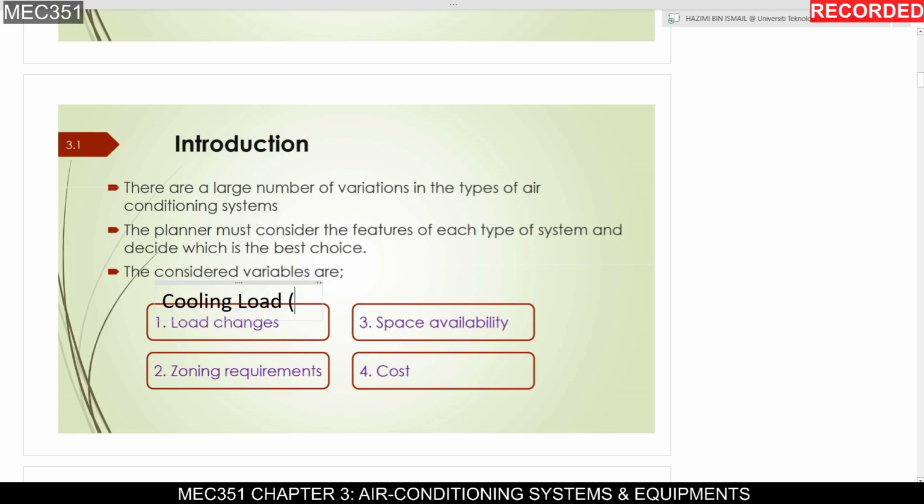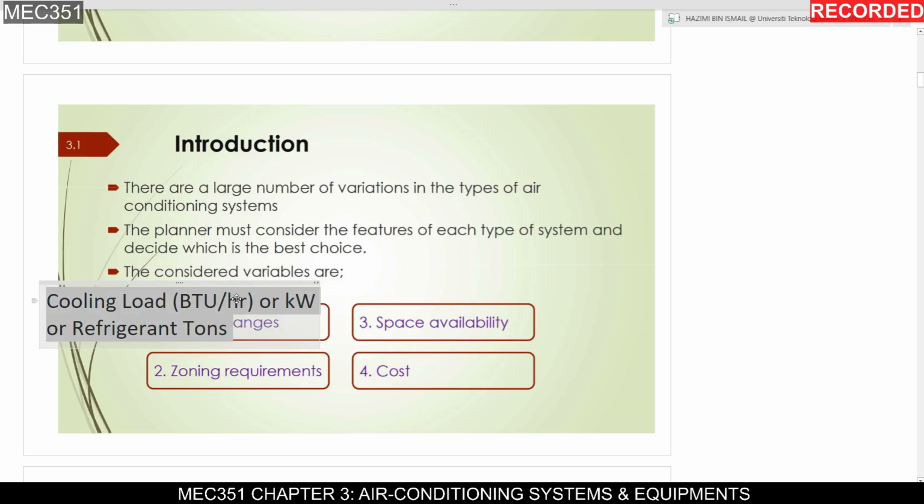Normally we use BTU per hour as the unit, or sometimes kilowatt, or sometimes refrigerant tons. Okay, this is for the cooling load changes here.